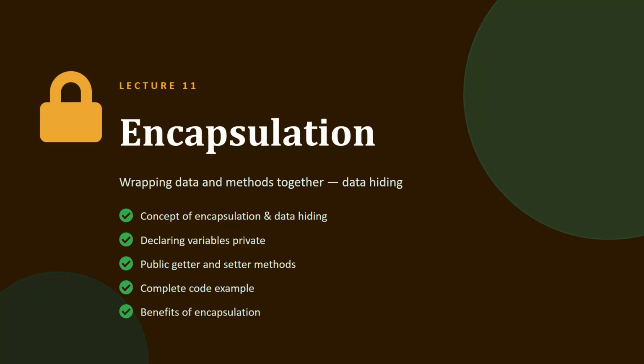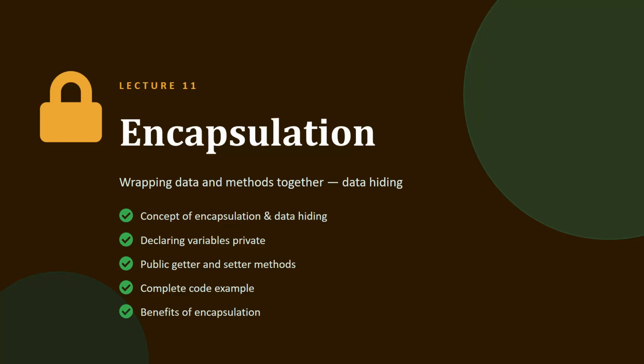And therefore, for us to achieve encapsulation, there are two main things that need to be done. Either we declare the variables of a class as private, or we provide the public setter and getter methods to modify and view the variable values.